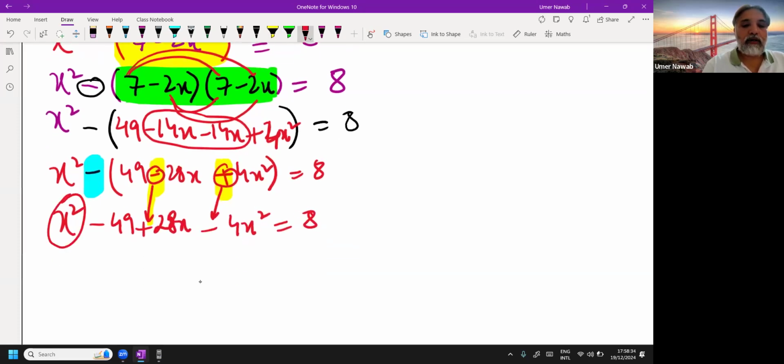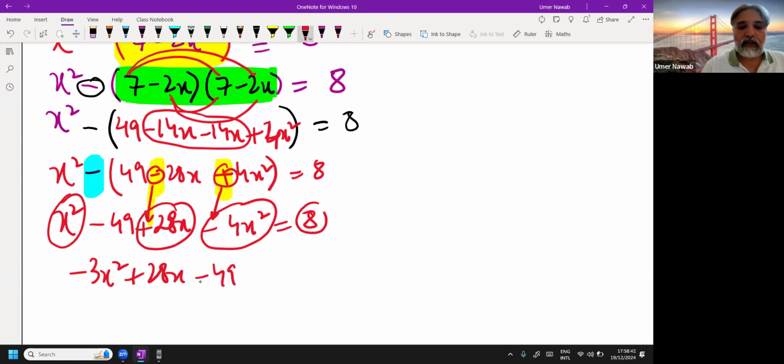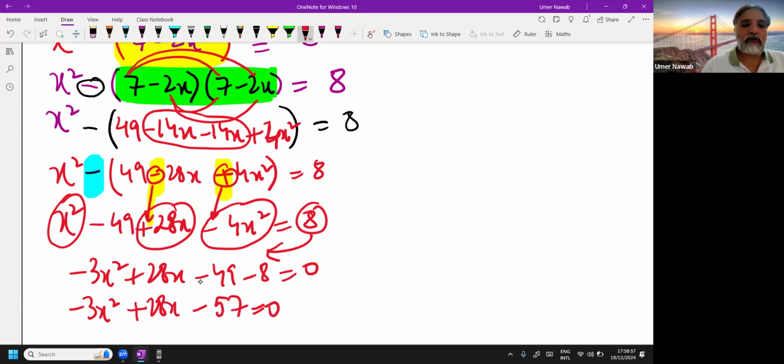Now x squared minus 4x squared will give you minus 3x squared. Then we have 28x. Then negative 49, send the 8 to the left, it becomes minus 8 is equal to 0. So I will end up with minus 3x squared plus 28x minus 57 is equal to 0.